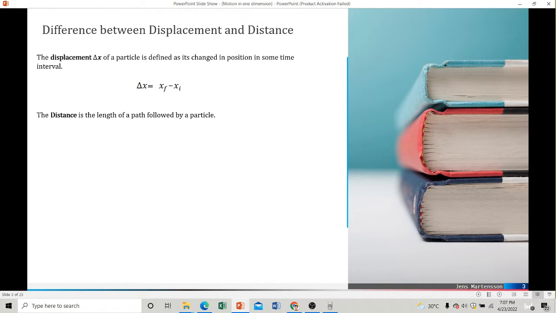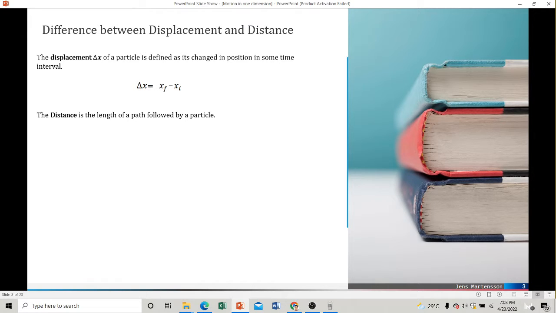For example, if we walk to some particular place, we can create a measurement of the distance.